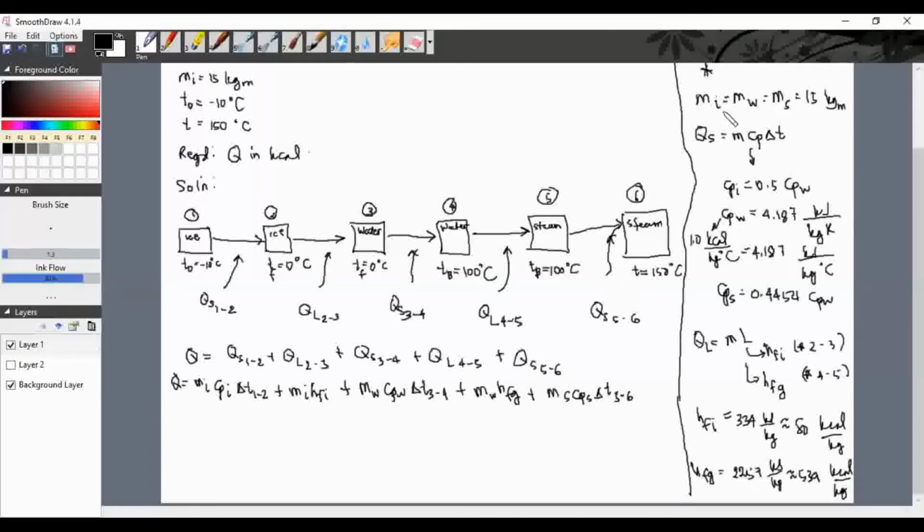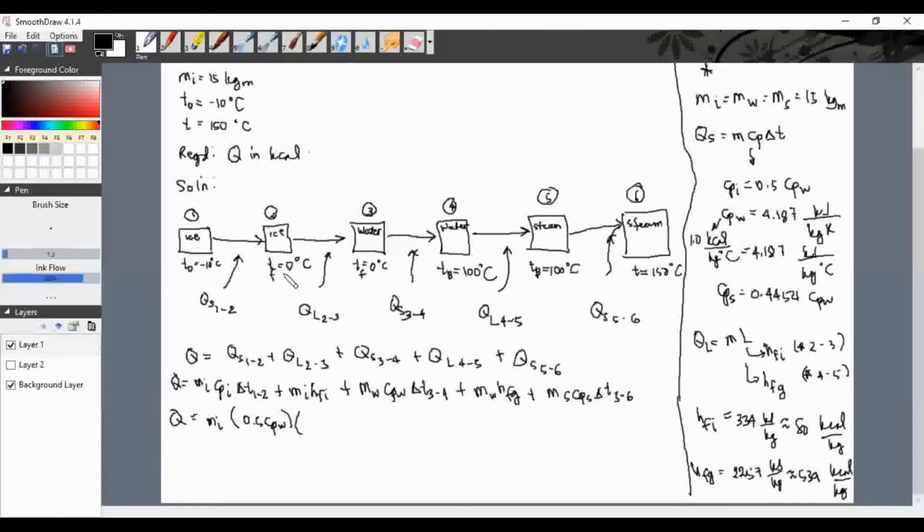Again, ang sabi natin, equal lang lahat yan, so pwede kong palitan lahat. Pwede ko itong palitan ng mass of ice, ito rin, at ito, since equal lahat naman sila. So, Q is equal to Mi times ano ang Cp of ice natin? Cp ng ice is 0.5 Cp ng water times delta T from 1 to 2, final minus initial.